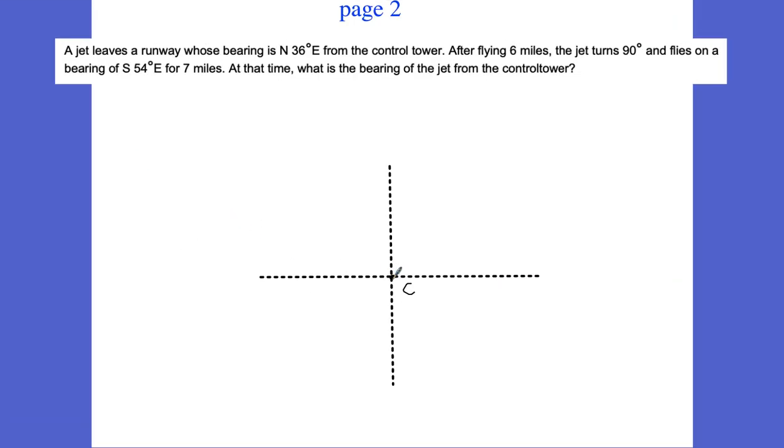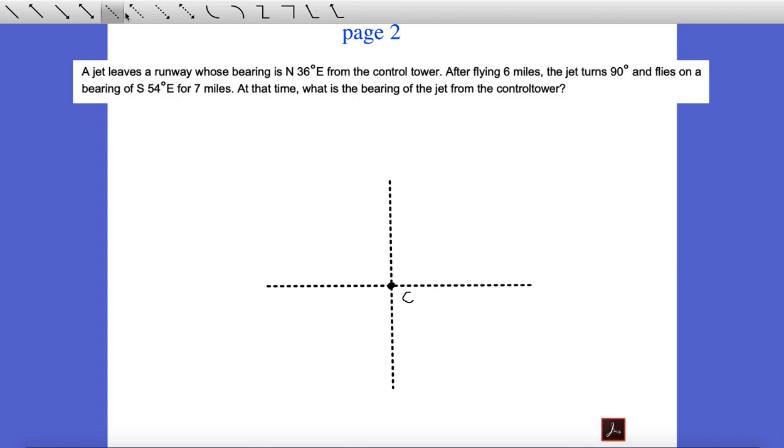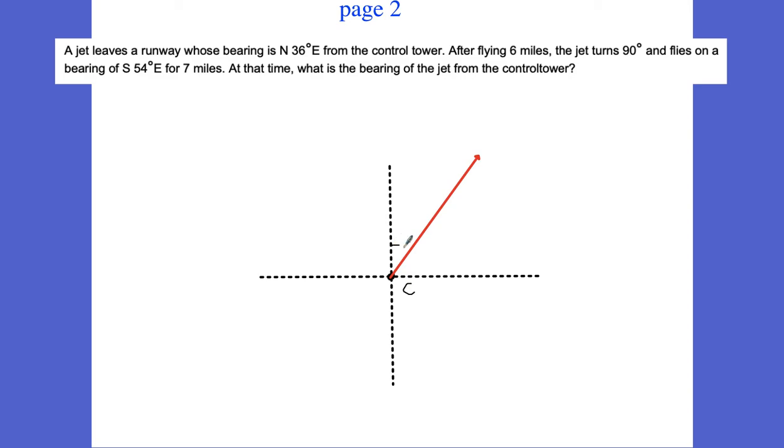And we start at point C right here. And we go at north 36 degrees east. So let's make our red line here. North, that'd be 45 degrees east, so 36, maybe somewhere right there. Okay, so we go something like that. All right, so north 36 degrees east, where this is 36. So important to label our angles as we go.